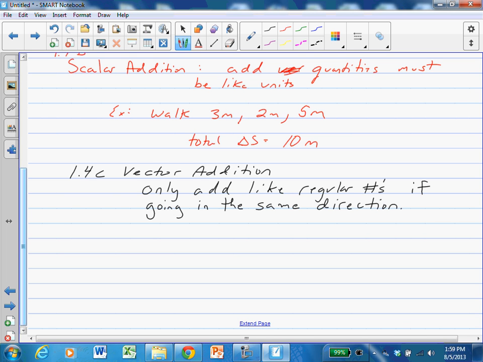Okay? When vectors are added, we call the sum the resultant.